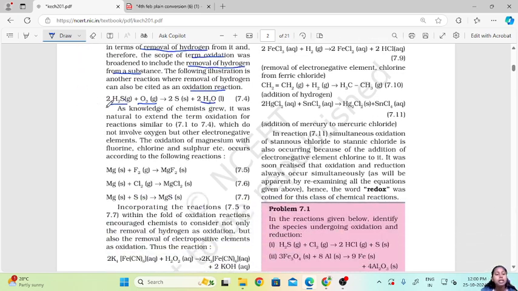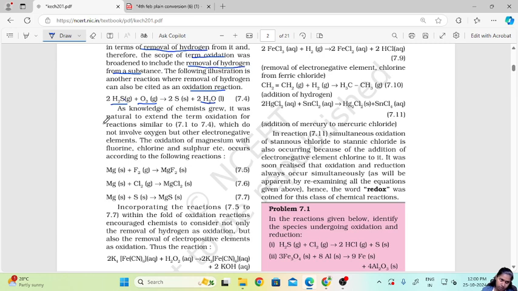Okay. Now as knowledge of chemists grew, it was natural to extend the term oxidation to reactions similar to these which do not involve oxygen but other electronegative elements. As chemists discovered more and more things, it was natural to extend the term.